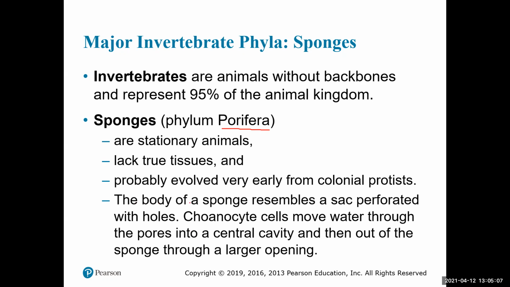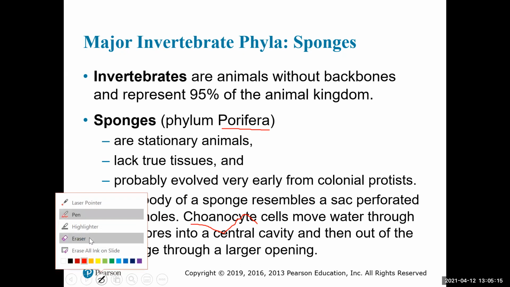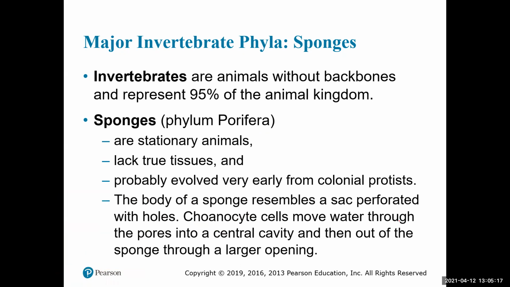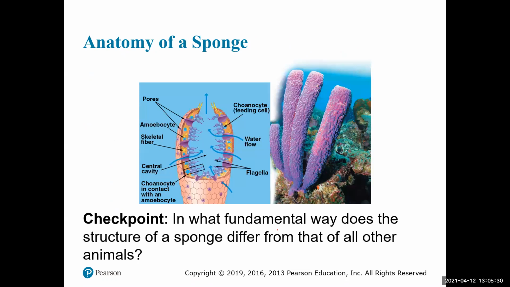And the sack is made up of choanocyte cells. It's so hard to draw with this thing. So choanocyte cells, okay? And these cells have a flagellum that will beat up and down, back and forth, that causes a water flow throughout the sponge.